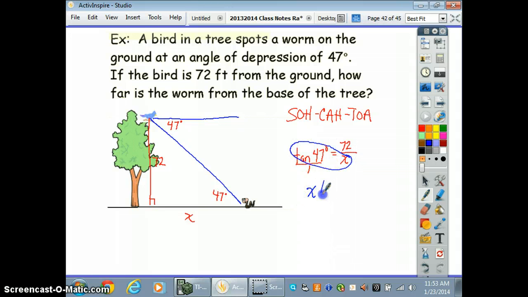x times the tangent of 47 equals 72. Or, if we divide both sides by the tangent of 47, these would cancel out, and x would equal, let's go to our calculator.